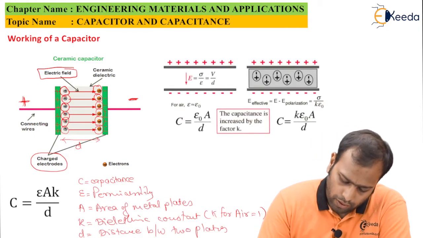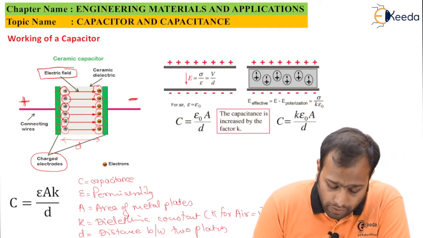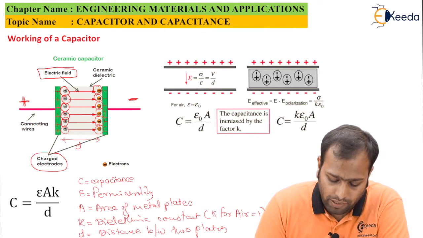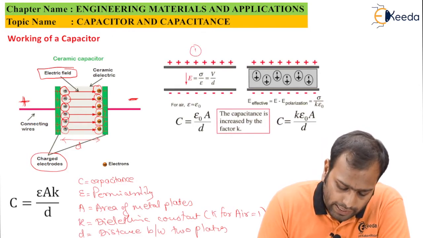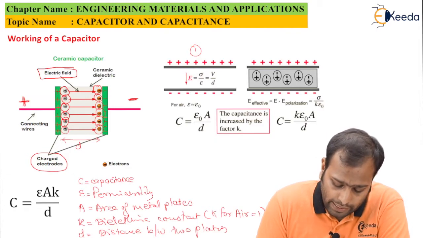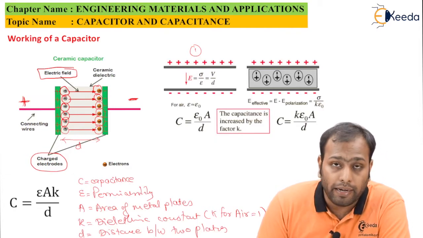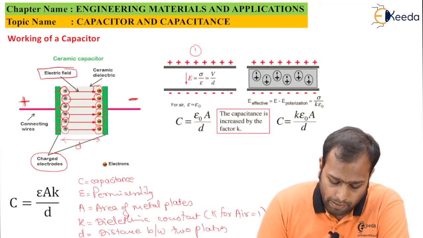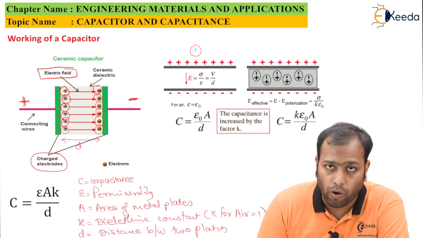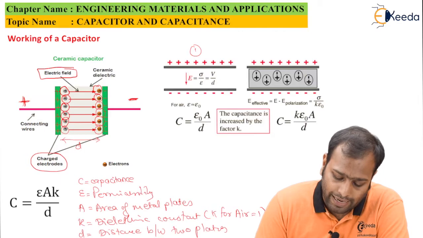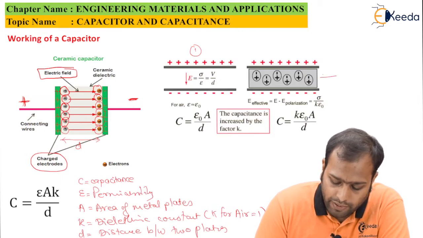Now, as you can see here, they have two metal plates. One is positively charged, another is negatively charged. But in this first case, I can see E is equal to V by D. Or I can say C is equal to epsilon A by D. Now what is epsilon 0? Well, this epsilon 0 is nothing but the permittivity for vacuum or free space. Whereas in the case of a dielectric, as you can see here, I have introduced a dielectric medium between the parallel plates.